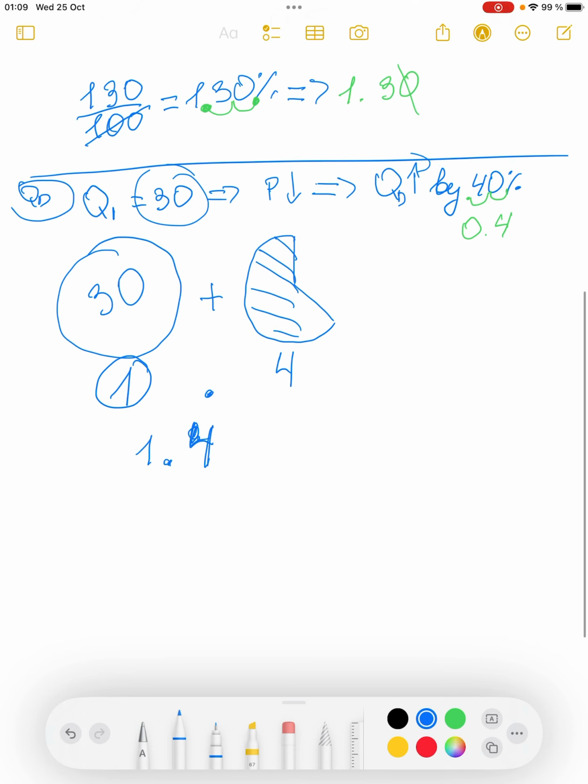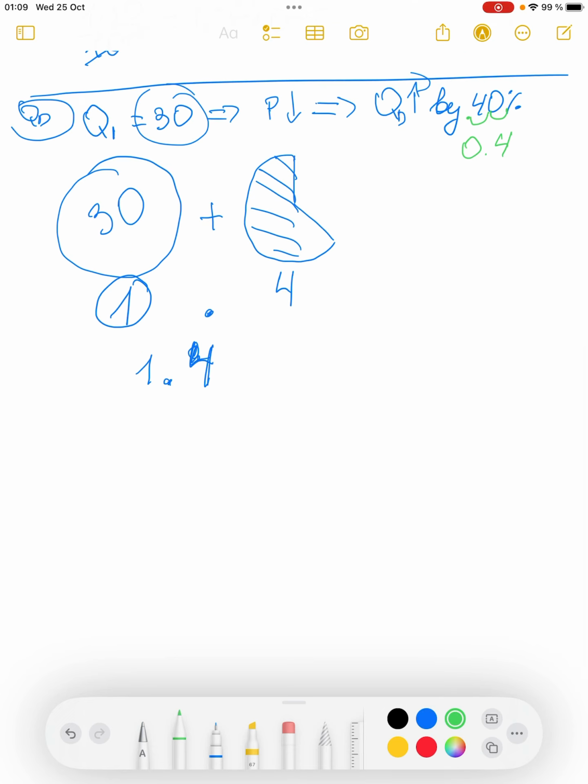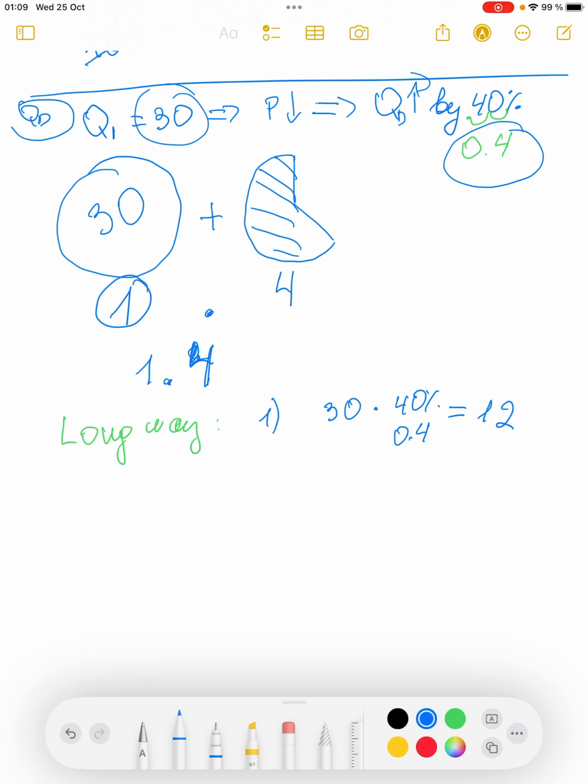So you can do the long way. So how to calculate it mathematically? The long way would be to first find out how much is 0.4 from 30. So you take your 30, you multiply it by either 40% on your calculator or 0.4, you will receive the same result of 12.